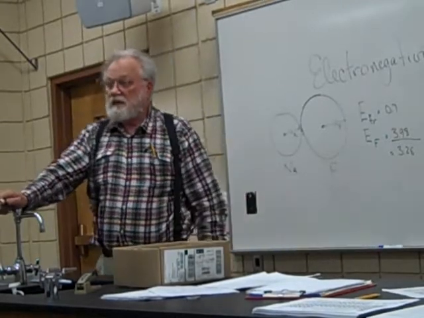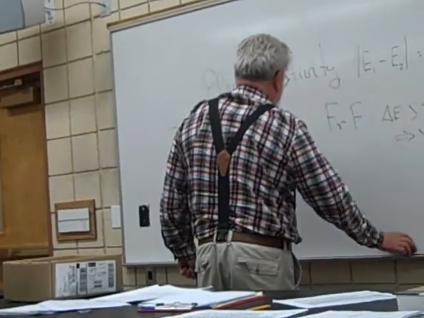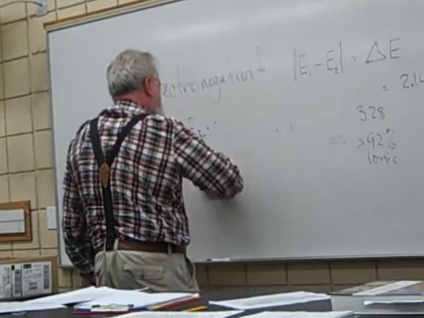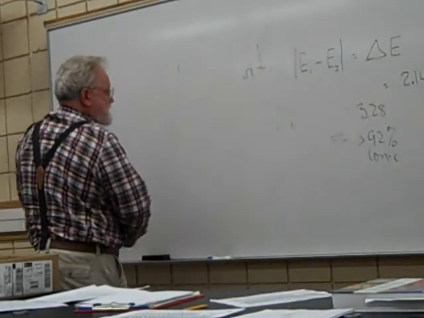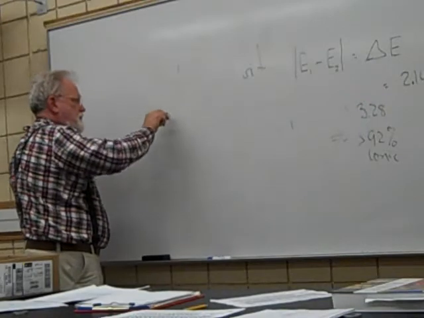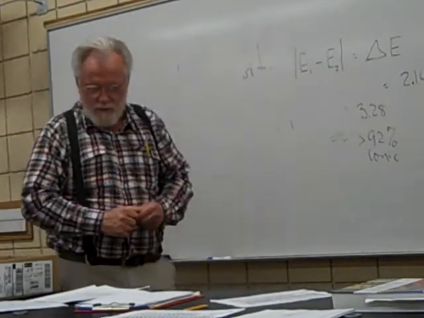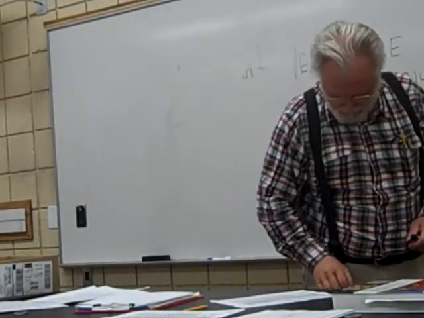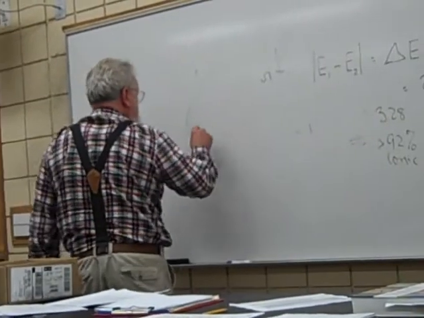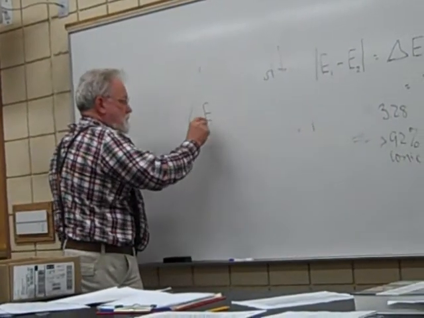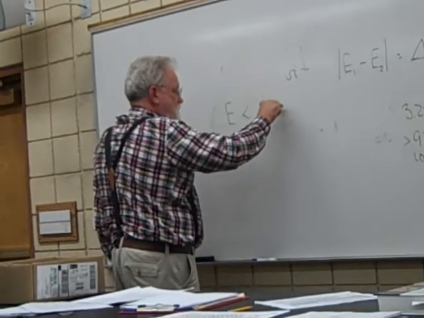And we actually have a name for the bonds where the delta E is less than 0.4.